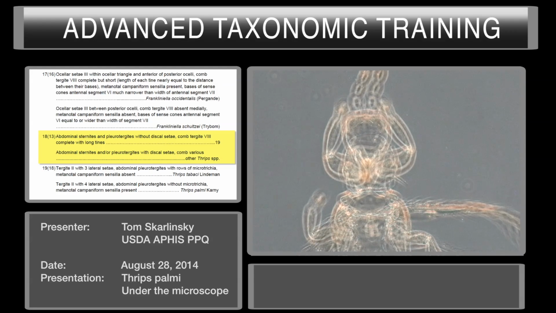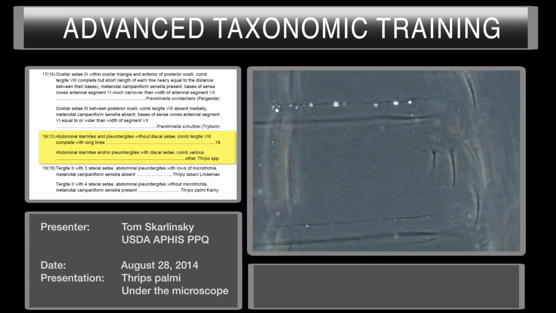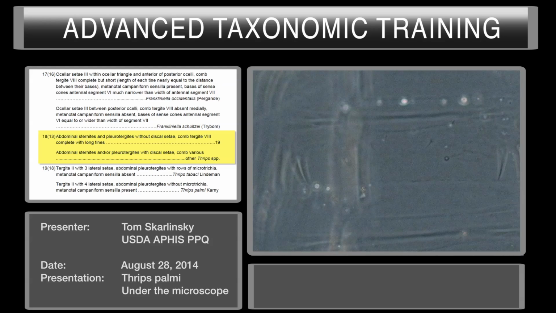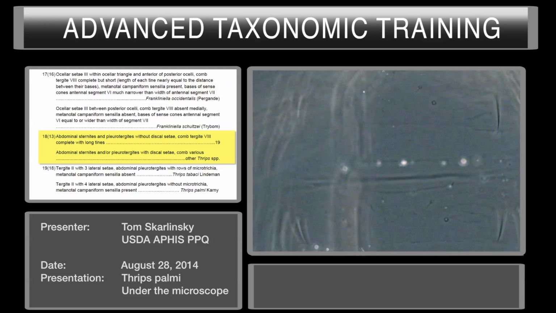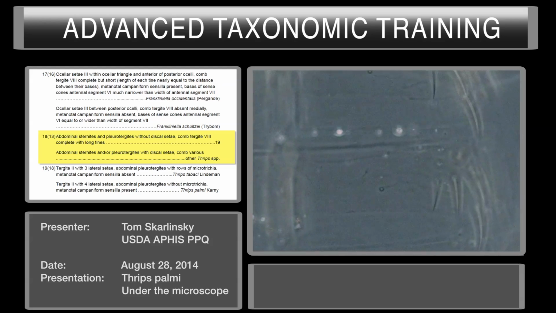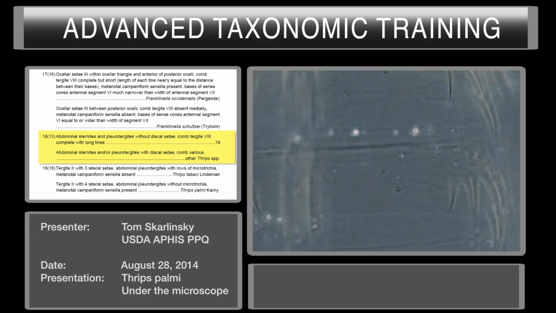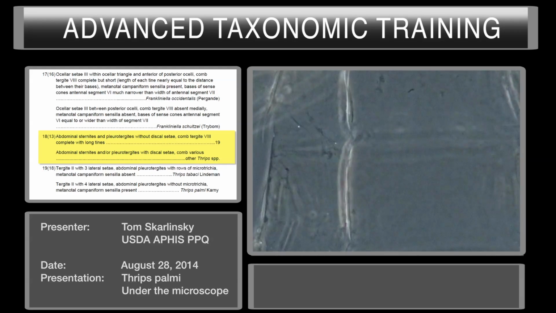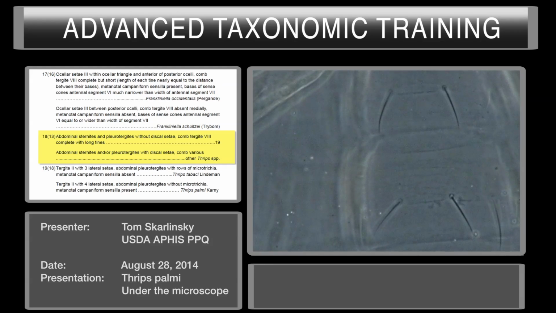And in couplet 18, the abdominal sternites and pleural tergites without discal setae. All right. Okay, so here we are. I'm actually on an abdominal tergite. And the question is asking about the abdominal sternites. So let's go ahead and change our focal plane to the sternite. And here's our sternite.